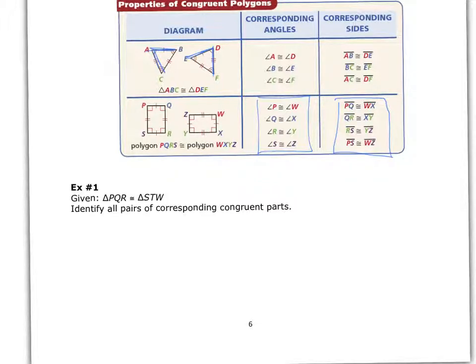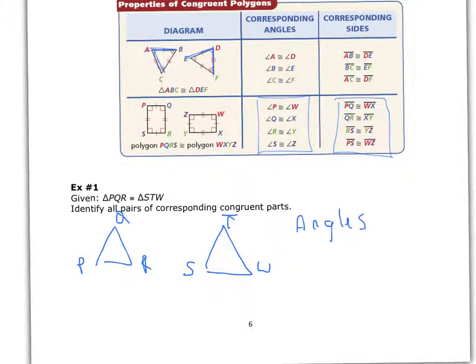Alright, in this example, we're given the triangle PQR, and we're given the triangle STW, and we want to identify all the pairs of corresponding parts. Let's do the angles first, all the angles that are congruent.